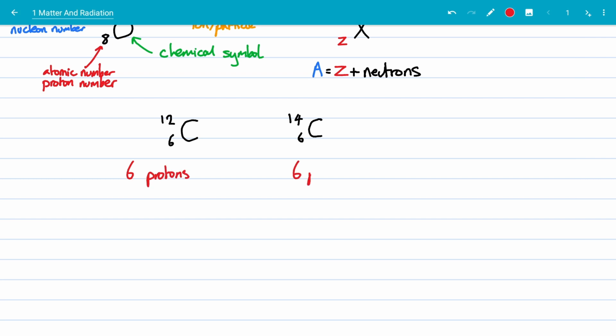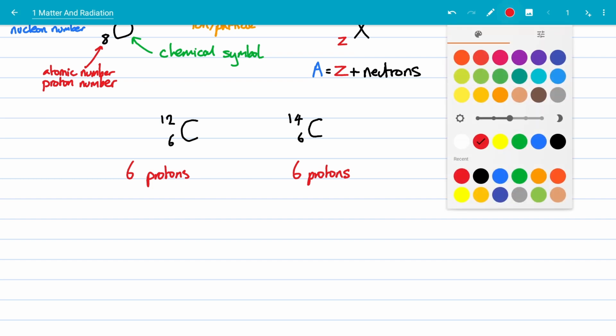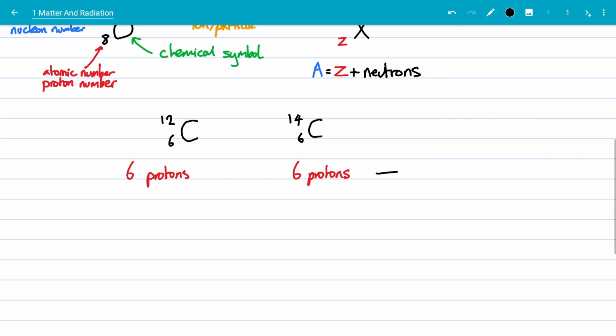And in both cases, we have 6 protons. And because we have 6 protons in the nucleus of these atoms or ions, not clear, there's no charge symbol, so these are atoms. And because they've got the same number of protons, they are the same element. That's how you know. But they have different numbers of neutrons.